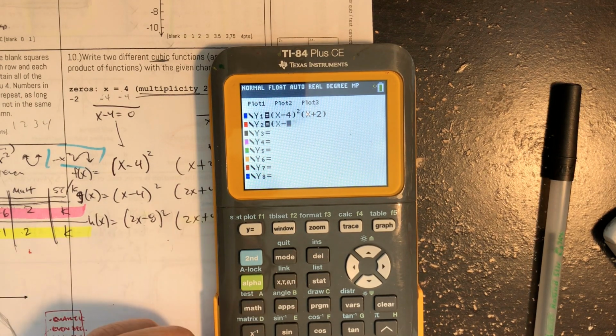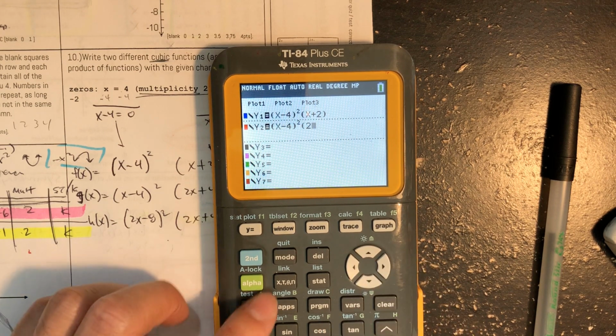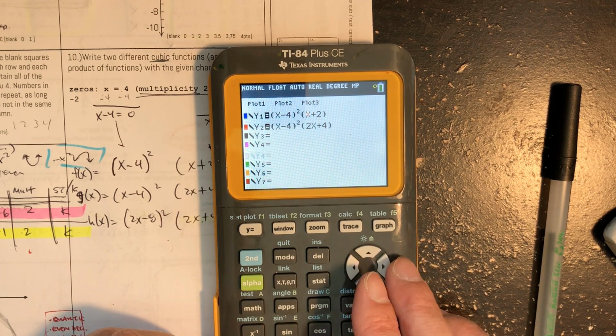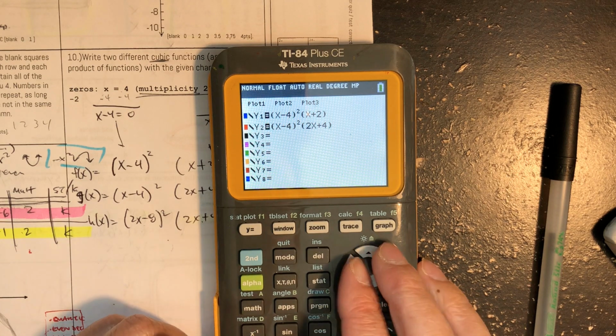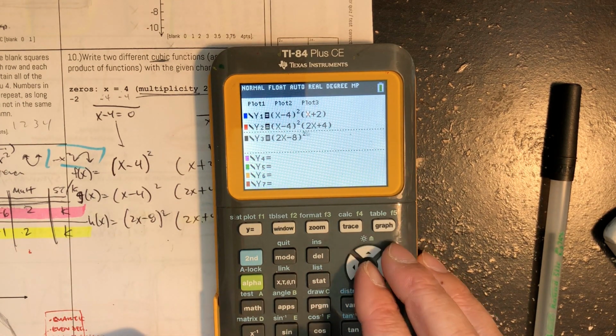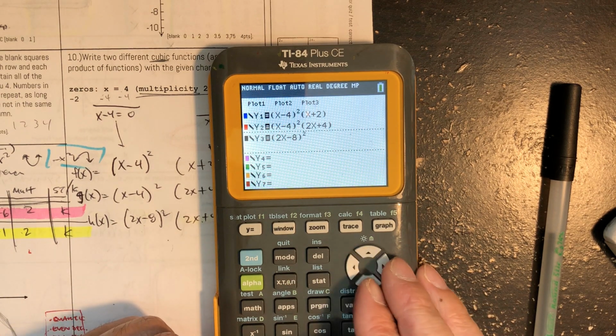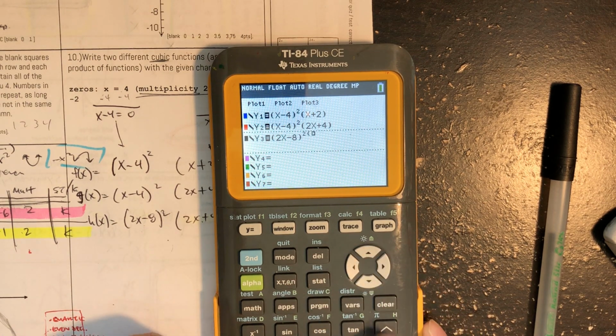You set (x minus 4) squared, and then 2x plus 4. When I'm about to press graph, I want you to notice that they will go through the same x-intercepts, the same zeros, but the graph just goes higher and lower. So bigger peaks and valleys, but you're still going through the x-intercept.